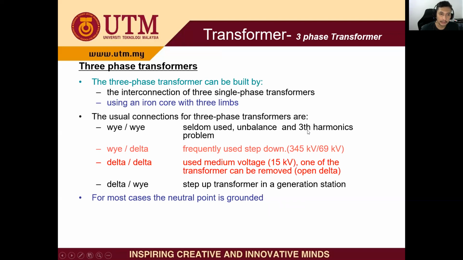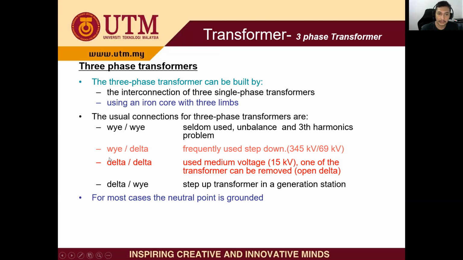The second connection is the Y delta connection, and this is used normally for a step down transformer. And we have the delta delta transformer, which is mostly used in medium voltage, around 15 kV.